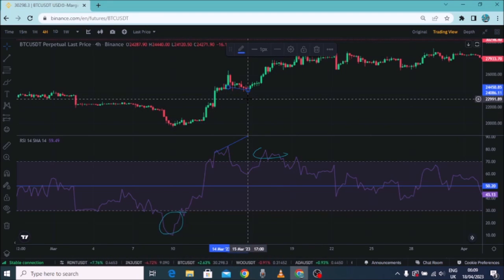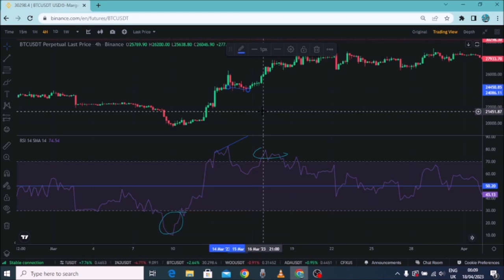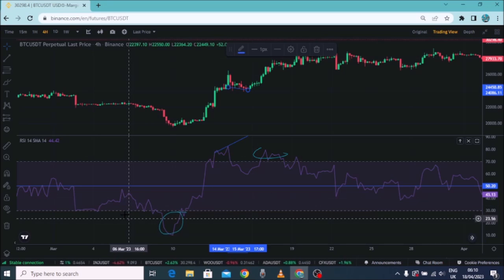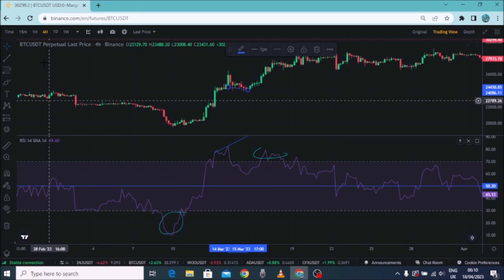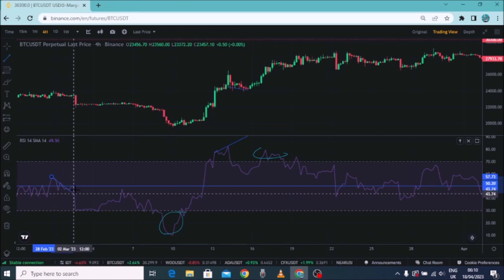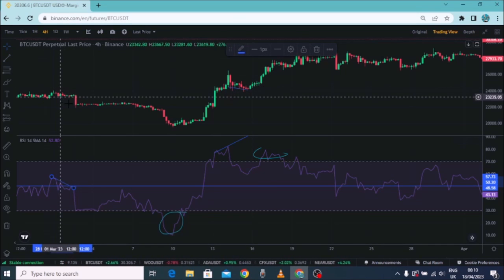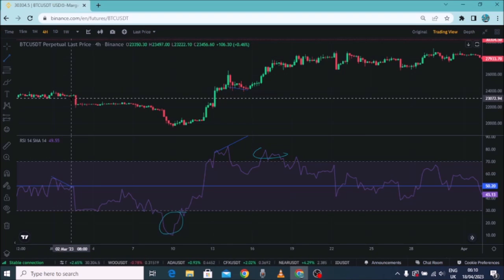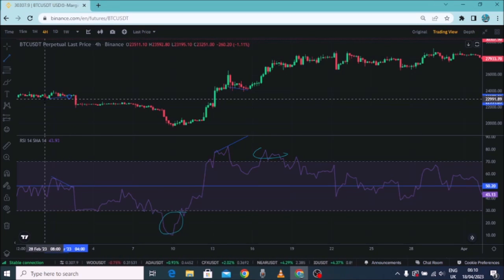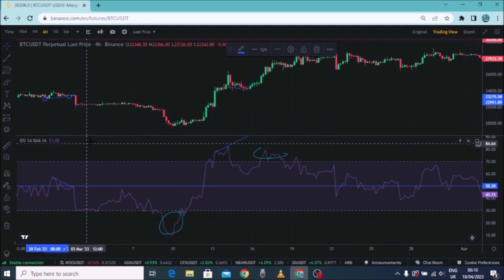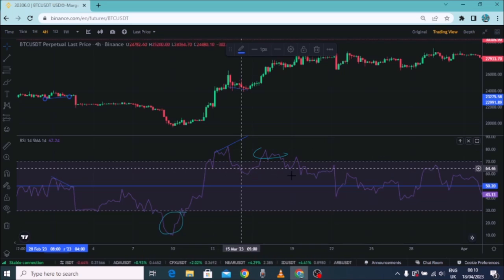Whenever it doesn't make it like that, it is a bearish divergence. So whenever you see a divergence where this one moves on lower highs and this one makes higher lows like this, that is automatically a bearish sign, so you have to quit the market as soon as possible.